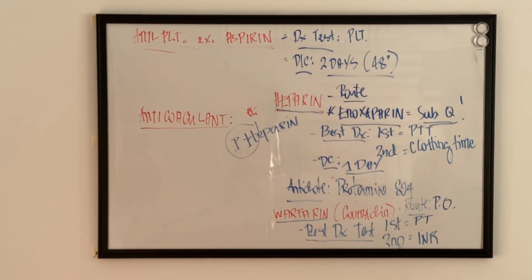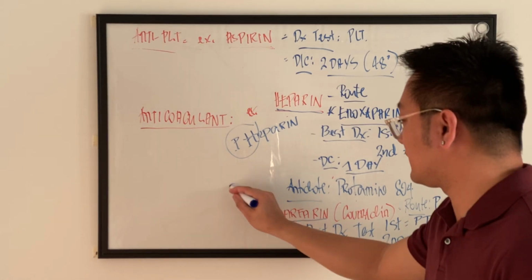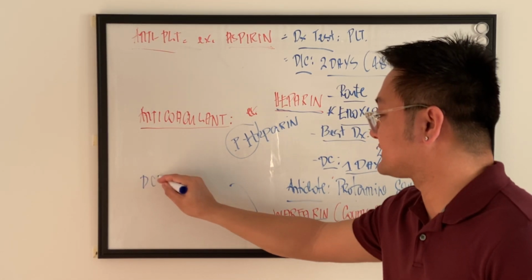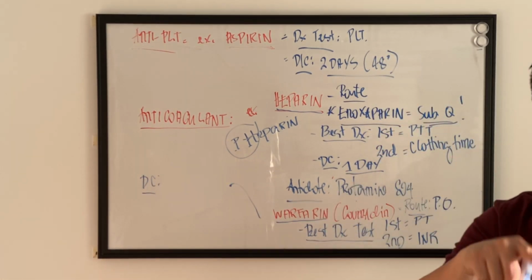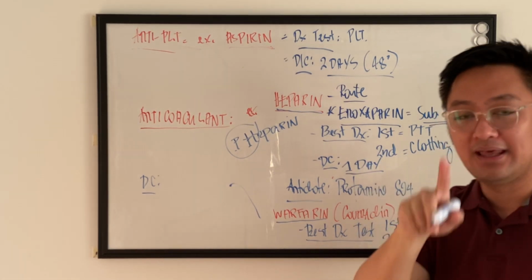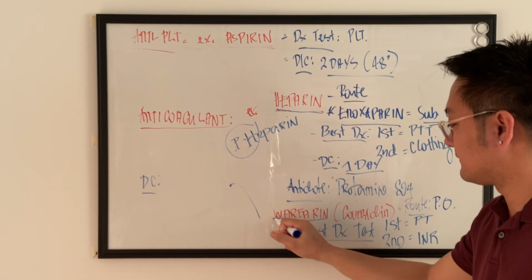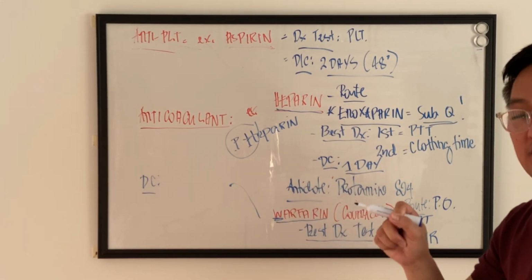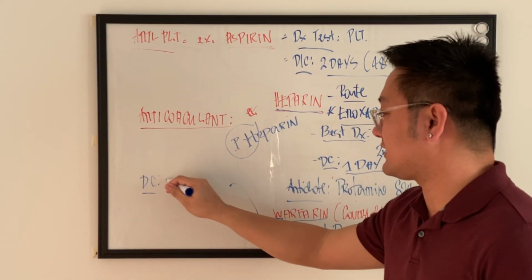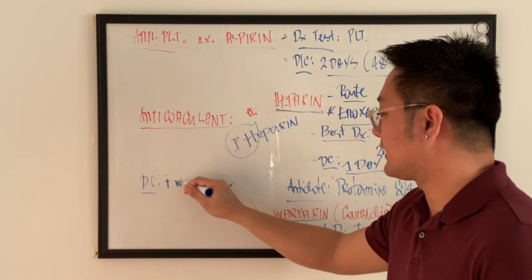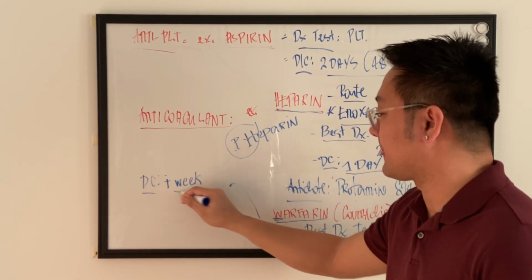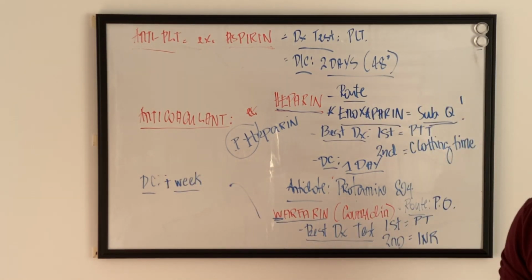Next, if your patient takes warfarin, when will you discontinue warfarin prior to procedure, prior to surgery? Technique there: warfarin starts with W. So when will you discontinue warfarin? Discontinue that 1 week prior to the procedure, 1 week prior to the surgery.